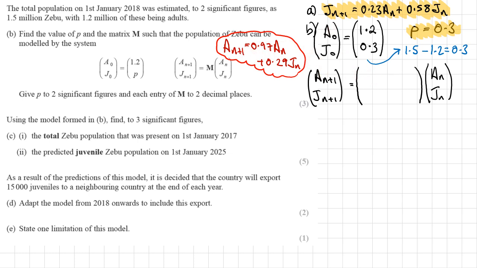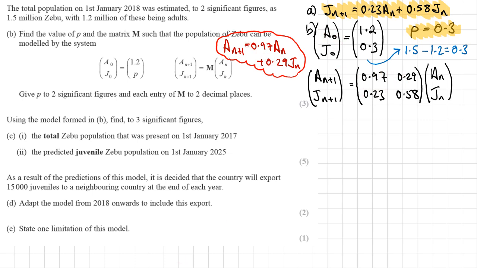So an, that's going to be 0.97, and then I'm going to have 0.29 because I want 0.29 in front of the juveniles, so that's going to give me this equation here. And then for this one it will be 0.23 and then plus 0.58. So you can see all I've done is just take the coefficients from those two equations.